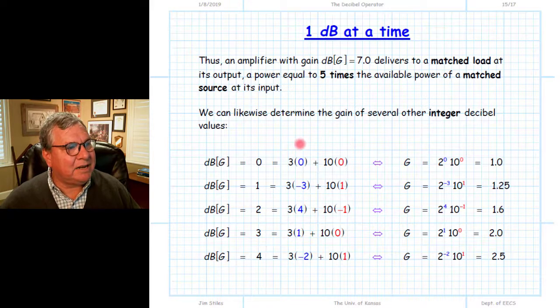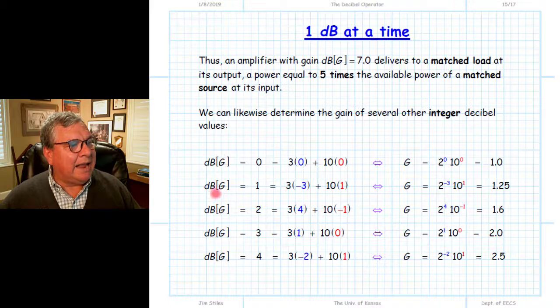And we can find for each one of those a solution for the identity where we have 3 times m plus 10 times n. For 0, of course, m and n are equal to 0, and the gain that results is equal to 1. But, of course, we knew that. A gain expressed in the decibel operator as 0 dB means a gain of 1.